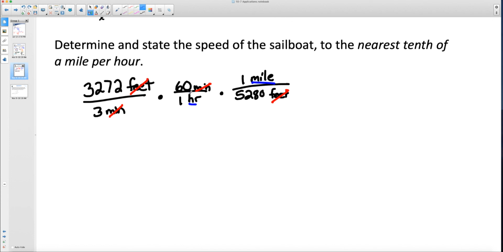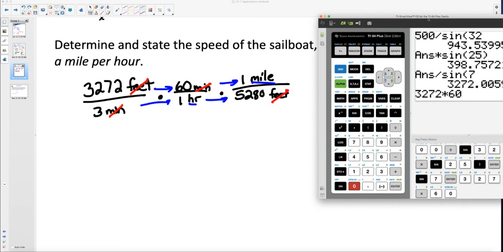So we're going to multiply straight across. Multiply, multiply, multiply, multiply. We'll see what we get. We multiply our numerators together, so do that on the side here: 3,272 times 60.